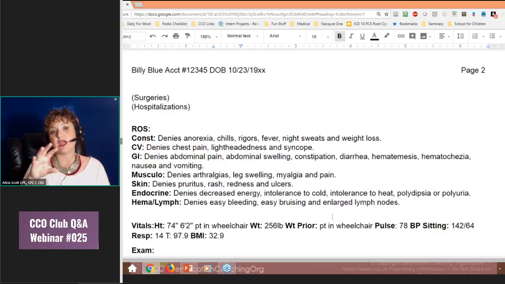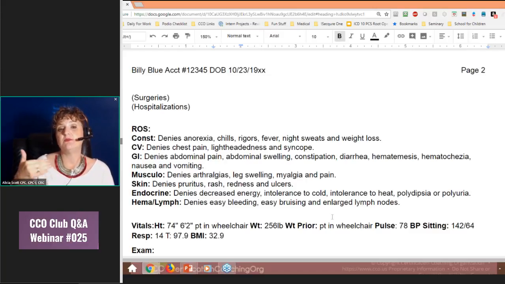Different companies will have different rules, right? For ours, we had to have the patient's name, date of service, and date of birth on every page. But just because this doesn't have the date of service and has the date of birth, we're okay. We're not going to scrutinize that.